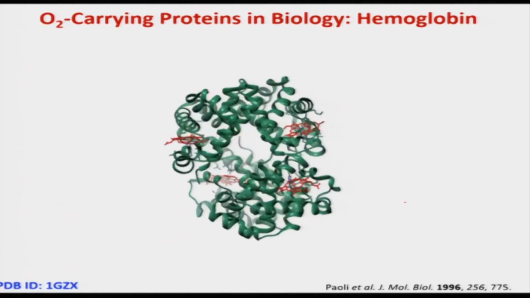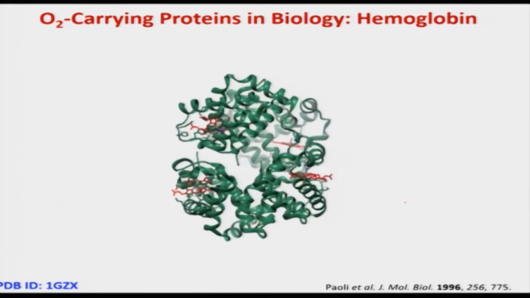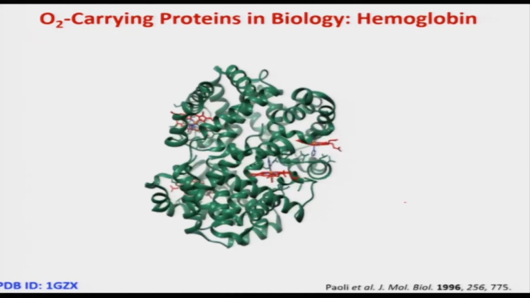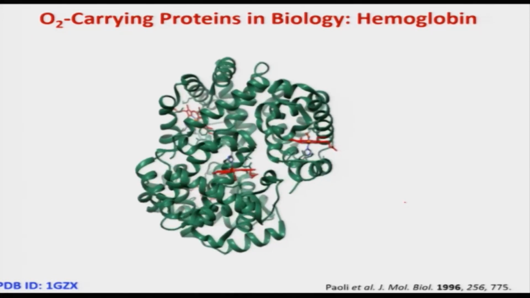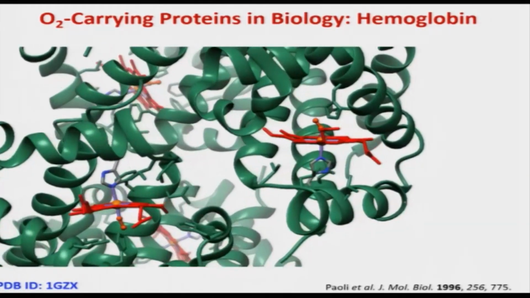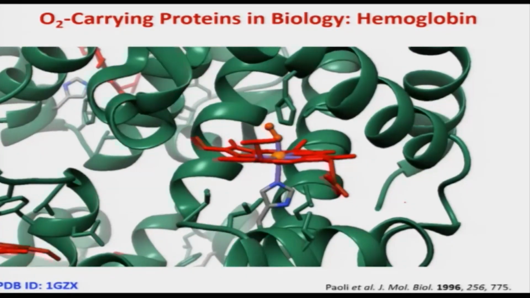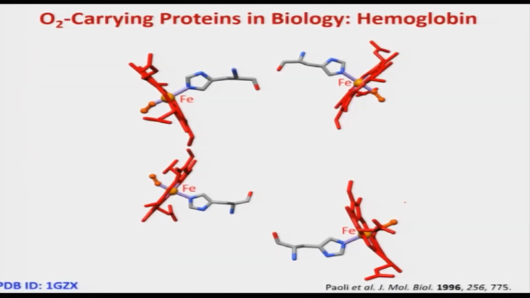Here you can see the protein structure of hemoglobin in the oxy form, where iron binds dioxygen. When you remove the protein, you see that dioxygen binds in one unit, another unit, and so on. So, one heme unit binds only one oxygen, and since it is a tetramer, 4 dioxygen units bind to that.